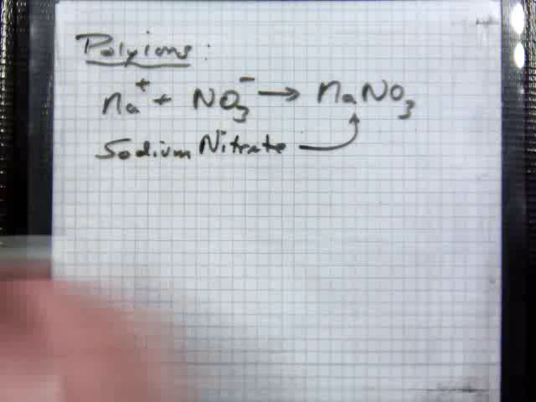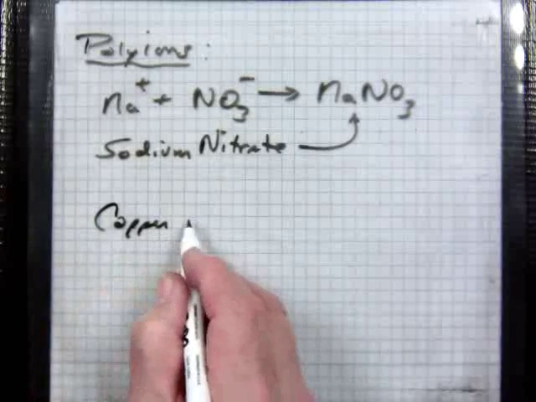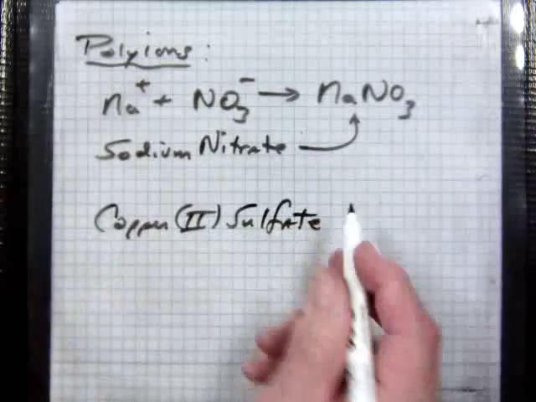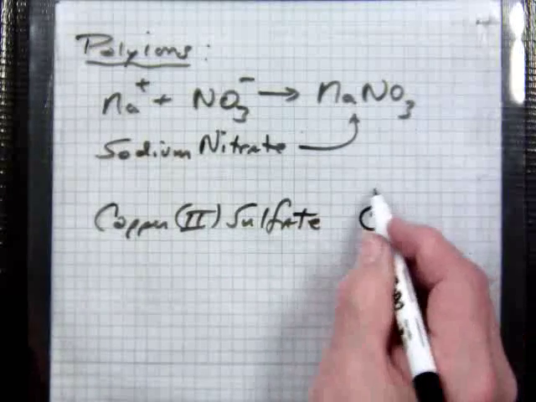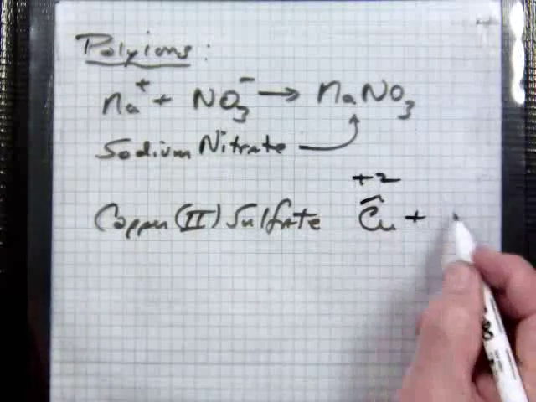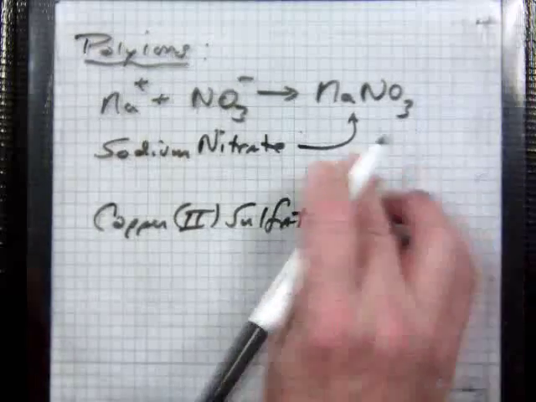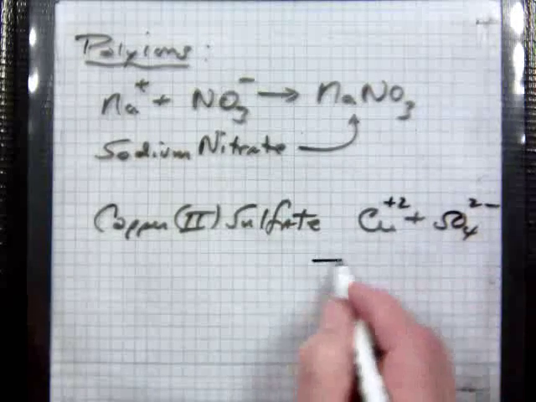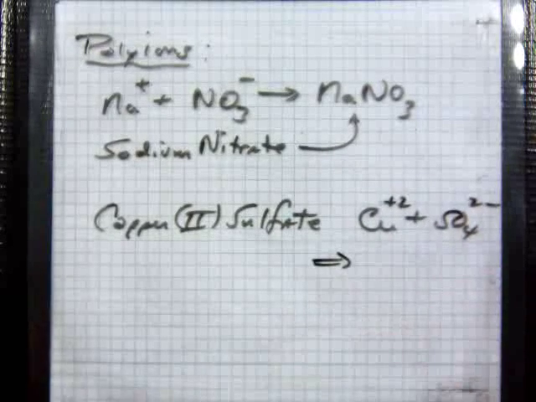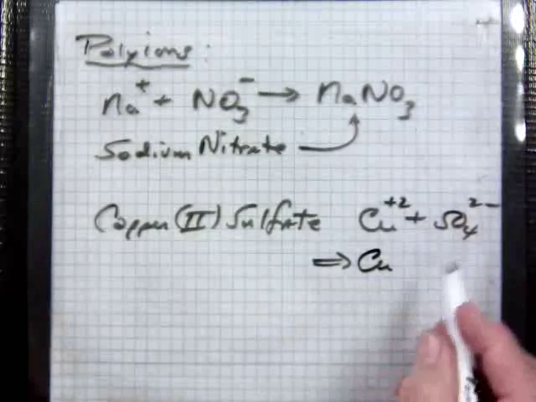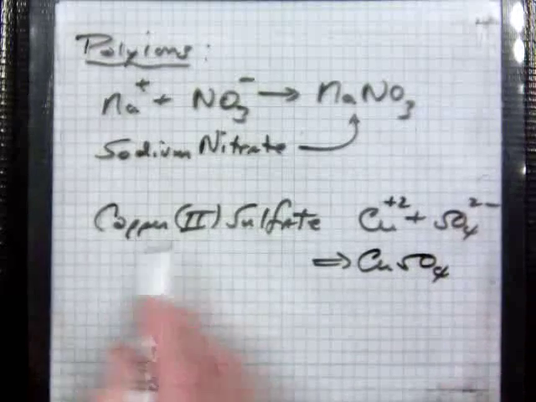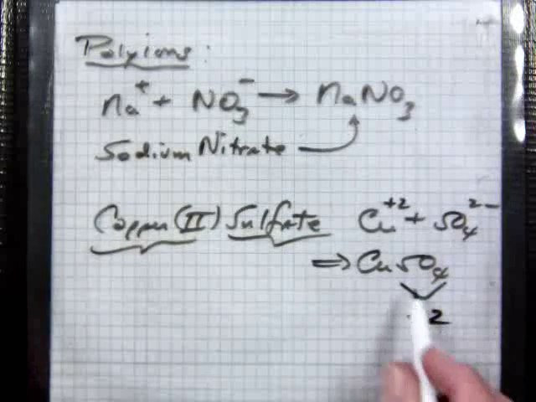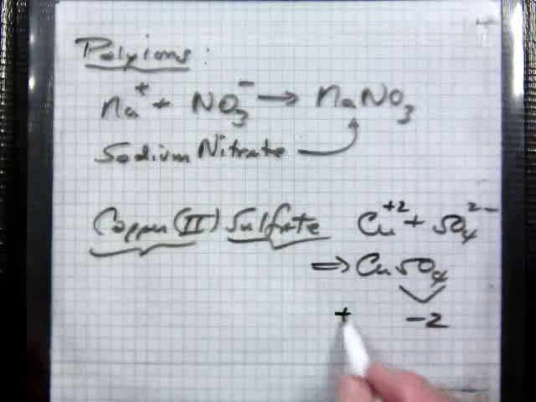Copper 2 sulfate. Of course, that would be Cu with a plus 2, I could put that up there, a plus 2 like this. And SO4, 2 minus, and appropriately we reduce to the smallest whole number ratio and it would be copper sulfate. So when you look at this, you know this one's going to be a -2, and if you only have one of them sitting there, that's got to be a +2.